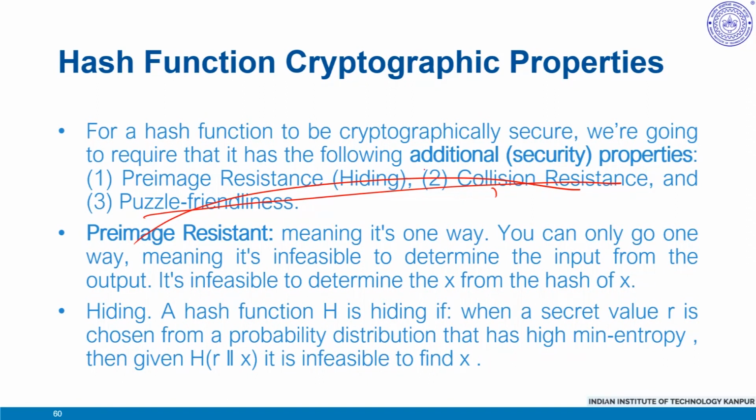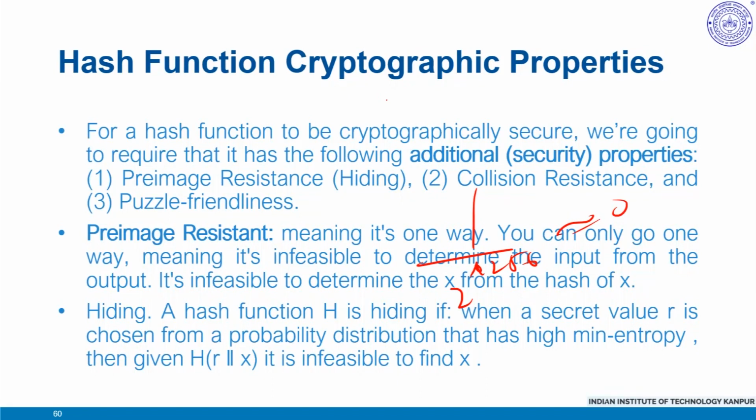For a concrete example, if you choose r uniformly among all of the strings that are 256 bits long, then the probability of any particular string getting chosen is so small, 1 by 2 to the power 256, which is almost close to 0.